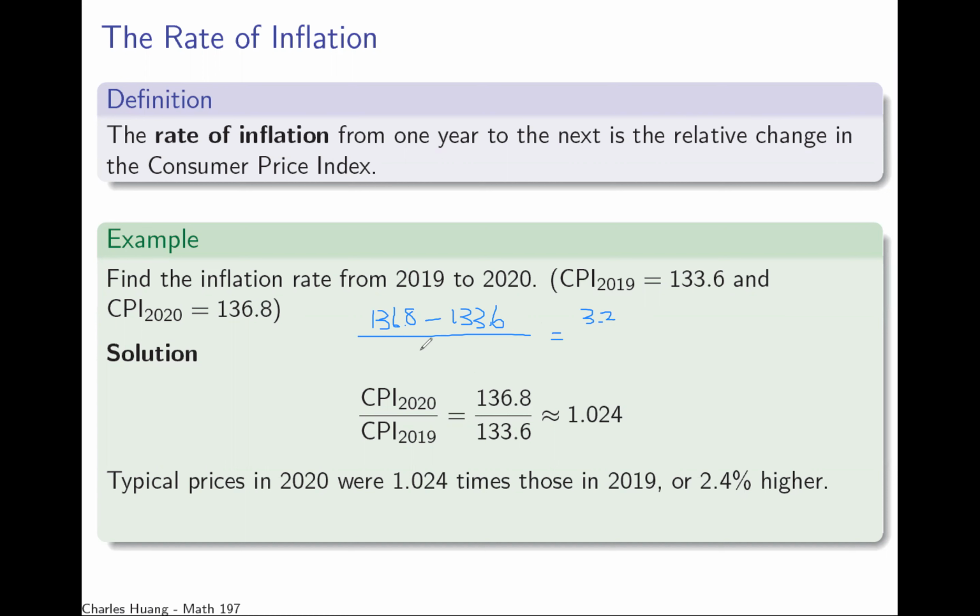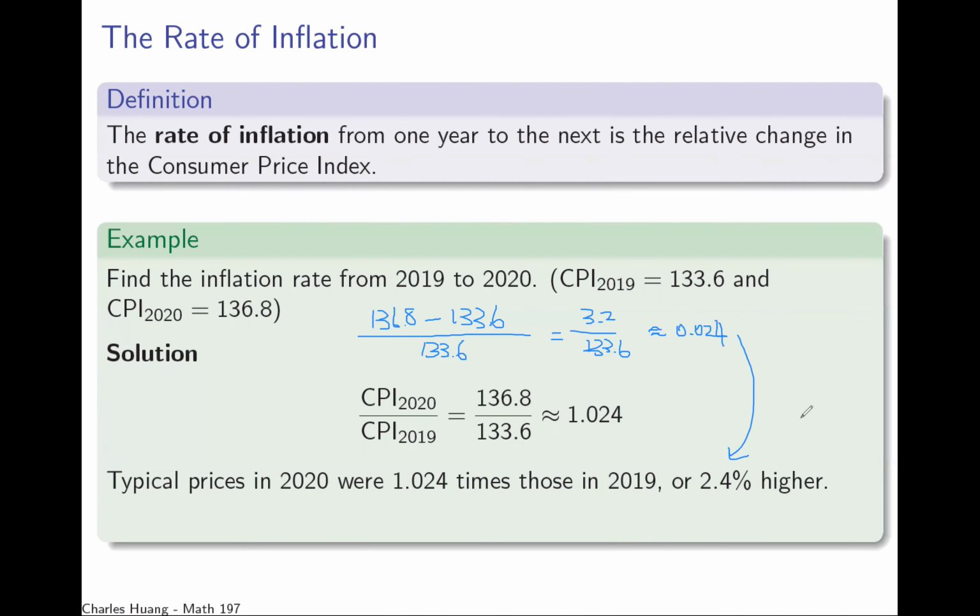But 3.2 is not our answer. We have to divide it by what we started with, right? What we're comparing it to. We're comparing the 3.2 to what we start with, 133.6. And the advantage of this is if you put it into your calculator, you'll get something roughly equal to 0.024, or 2.4% higher if I multiply by 100.